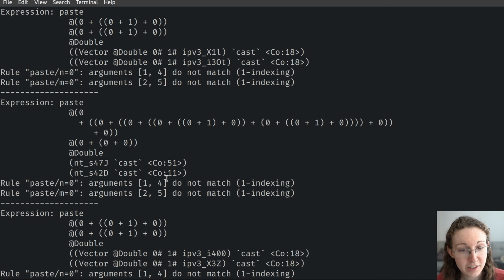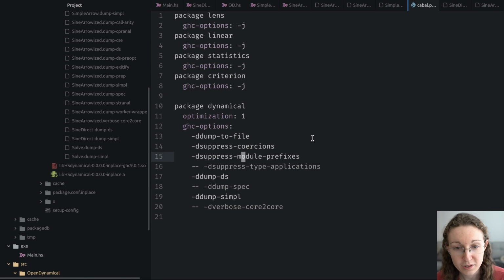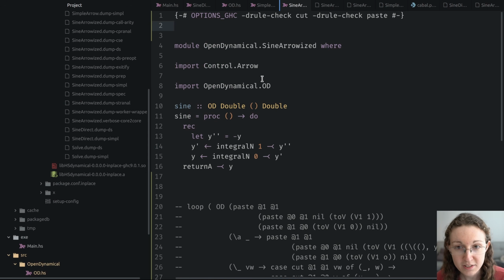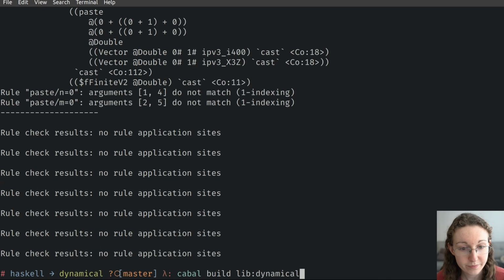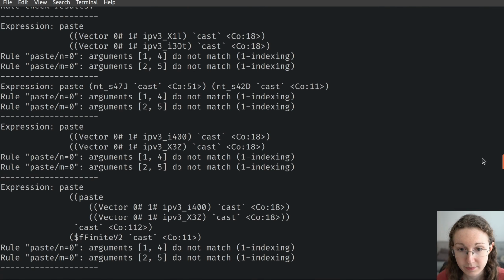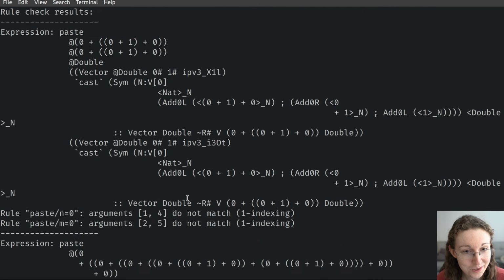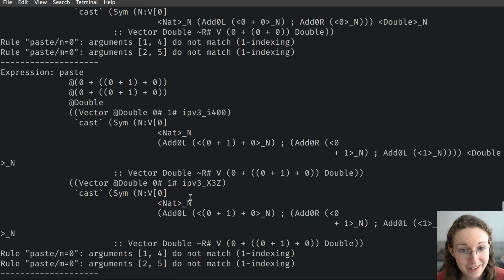But these coercions here are, in fact, maybe just for illustration's sake, let me disable suppress coercions. We can actually see what those coercions look like. So this is naturally going to result in much more output, which is why normally it's very useful to suppress them.